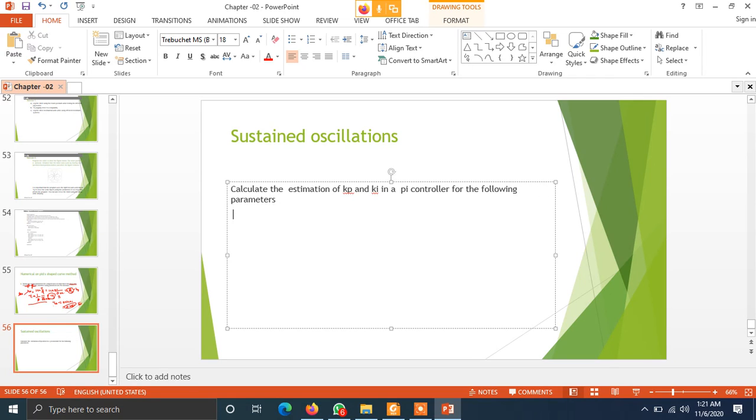Kcr is equal to 0.124 and Pcr is equal to 0.25 seconds respectively. Kcr will not have any unit; only Pcr will have a unit because it's the duration. So what should be Kp?